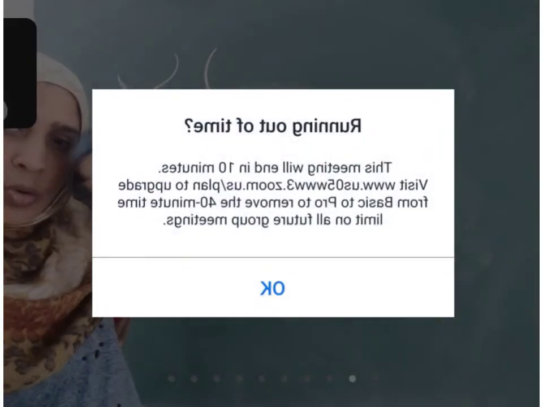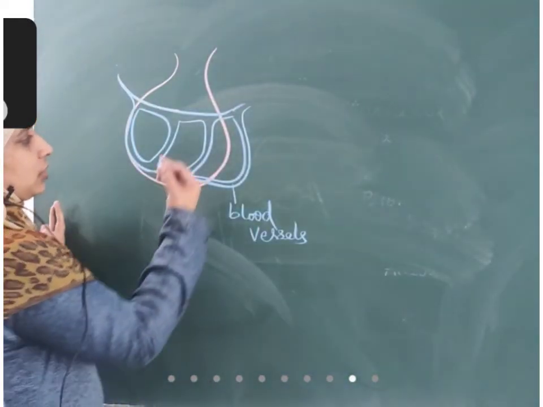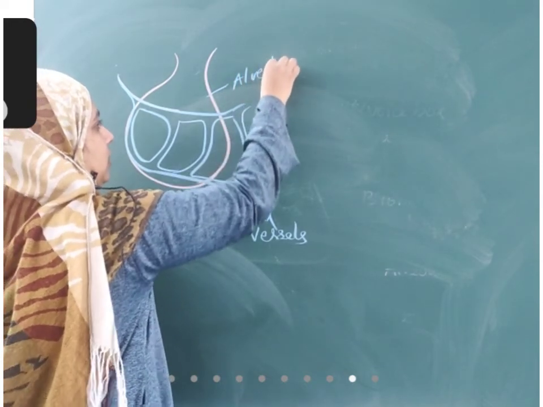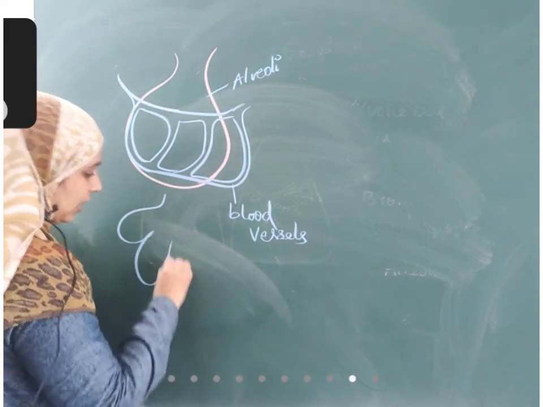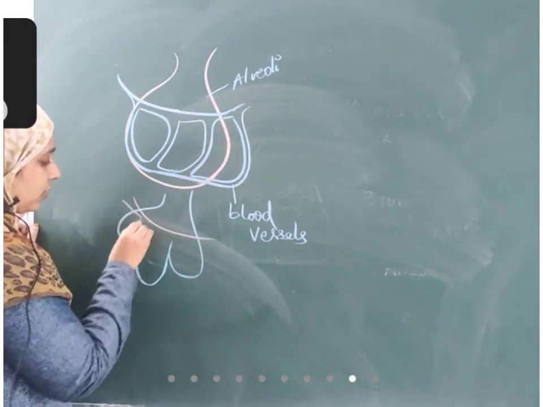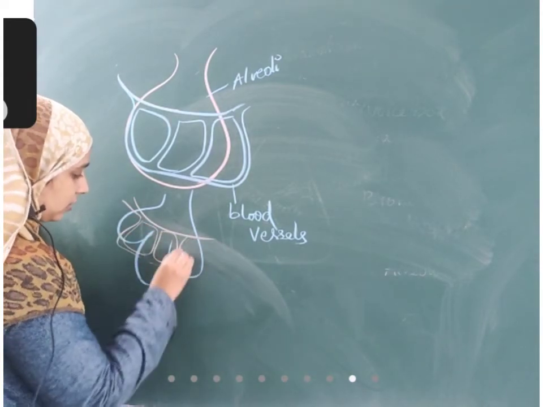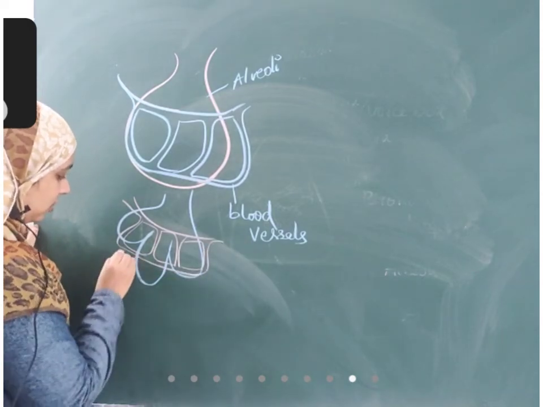Blood vessels are those small tube-like structures which carry blood. And this is the alveoli. If there is a bunch of alveoli like this, all the alveoli have a network of blood capillaries like this, like a mesh.